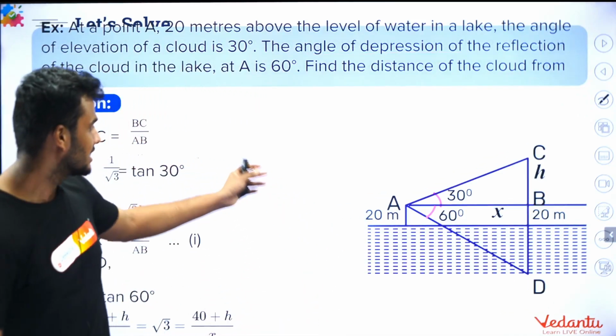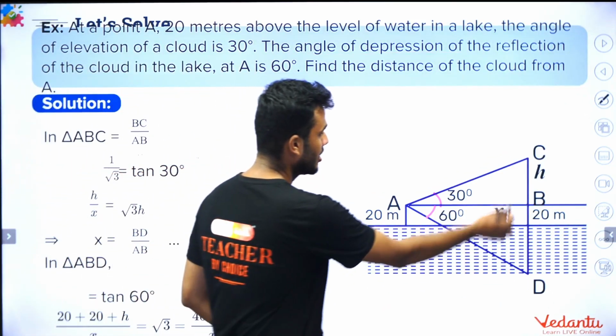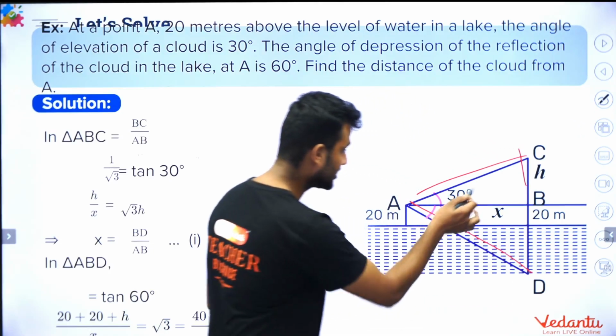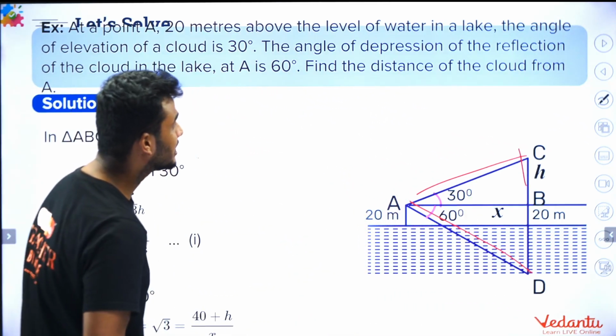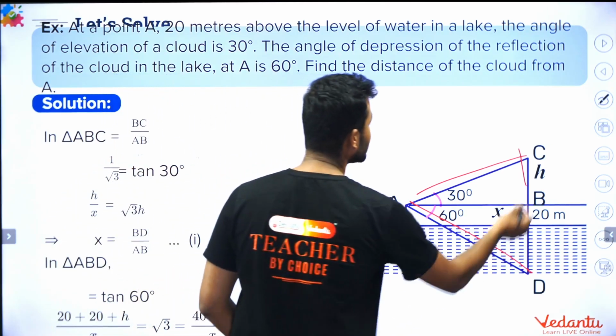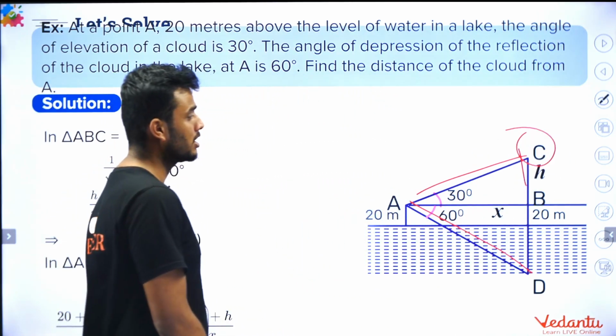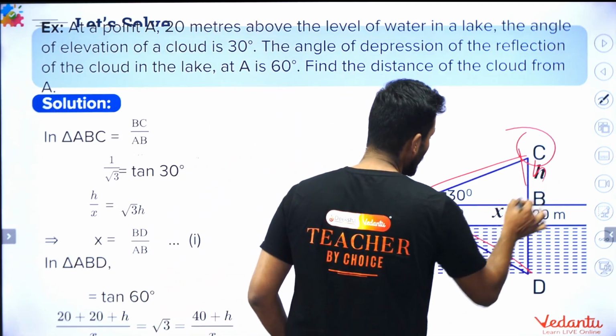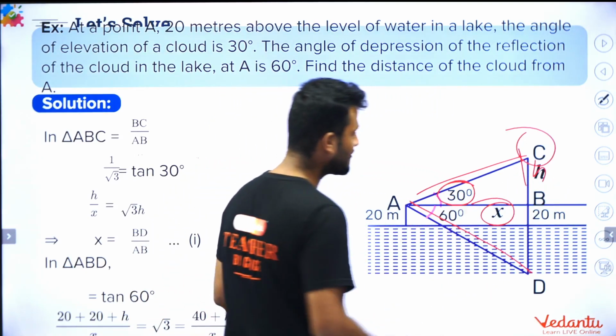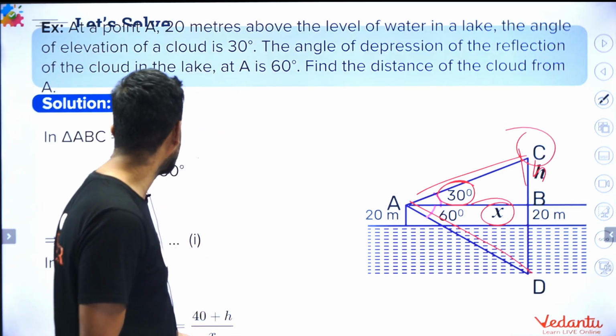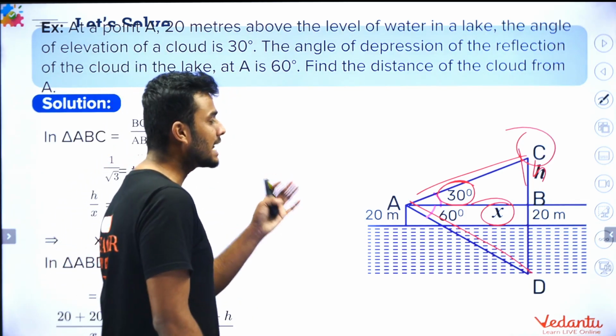How to solve? This is the same thing: 30 degree angle, and the reflection. Here we need to find the distance of the cloud. We need to find the value of this height, h. We don't know this value. If we know it, we can easily find the rest. What is tan 30?